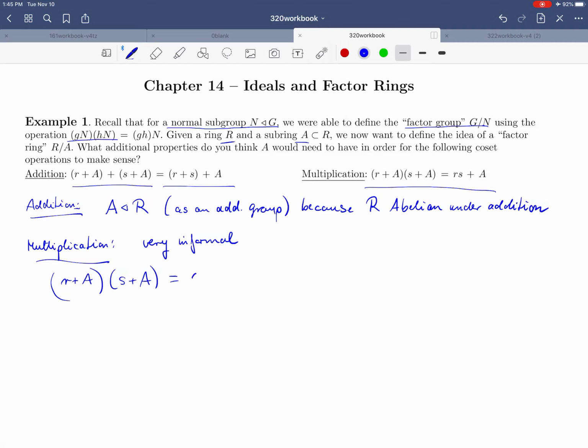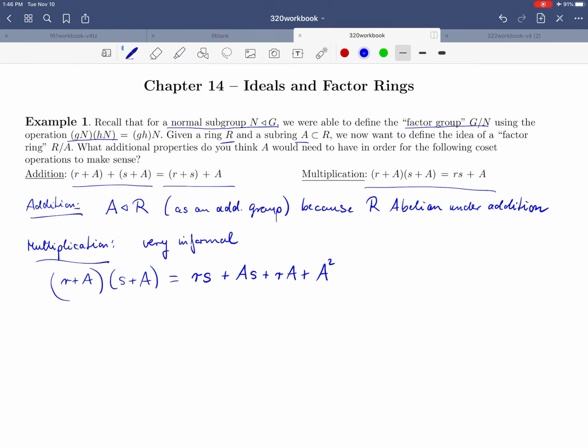Well, this is like rs + As + rA + A squared if I just distribute. So think of taking an element in r + A and multiplying by an element in s + A, and these are the pieces that you get. You get rs, plus something in A times s, plus r times something in A, plus something in A times something in A.